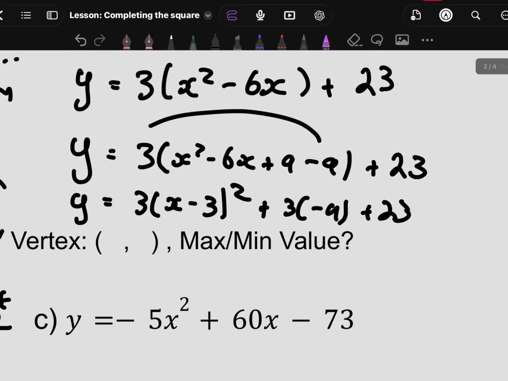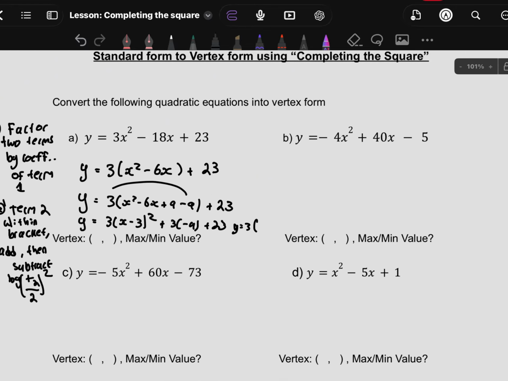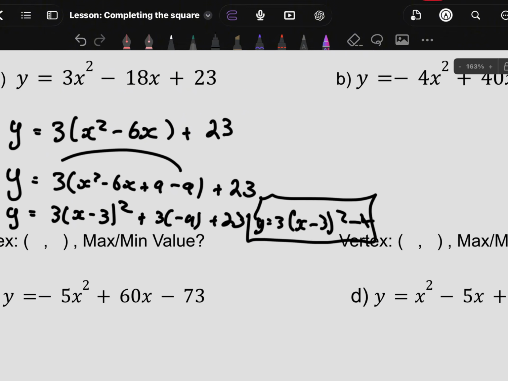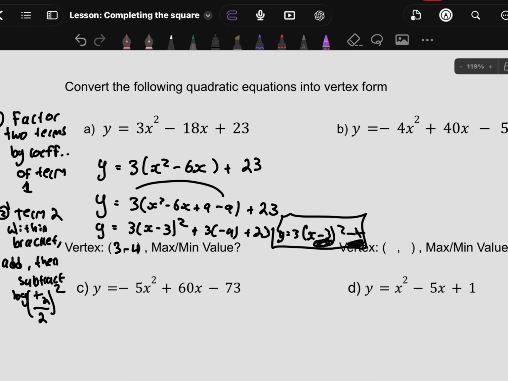So our total is y equals 3(x minus 3) squared minus 4. In this case, we invert the sign of the shift and take that, so the vertex becomes 3, negative 4. Asking if it's a max or min value: since our a value is positive, we can imagine a happy face, and that means it's a minimum.